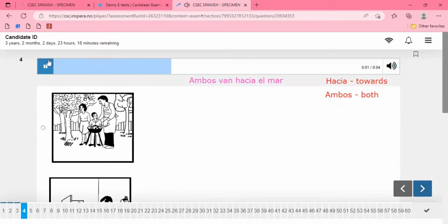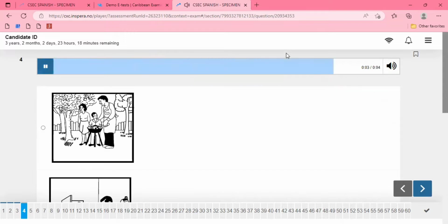Pregunta 4. "Ellos van a comer enseguida." All right. 1 second. Let's just replay this. Pregunta 4. "Ellos van a comer enseguida." All right. So, "ellos van a comer enseguida."